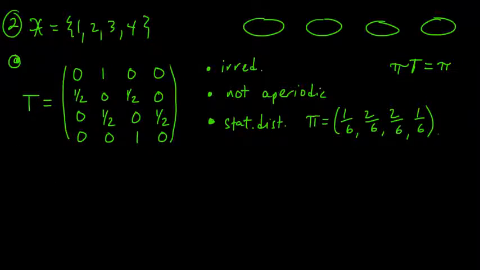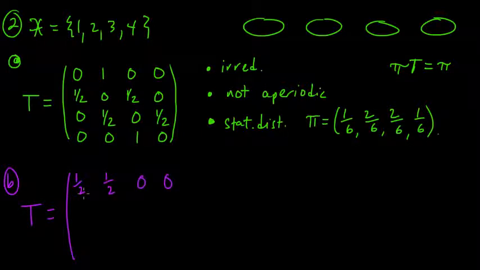Okay, that was our first one. I'm going to give 3 examples of transition matrices on 4 states like this, 3 variations. So the second variation will allow you to stay at 1 with probability 1/2. Still going to be symmetric.